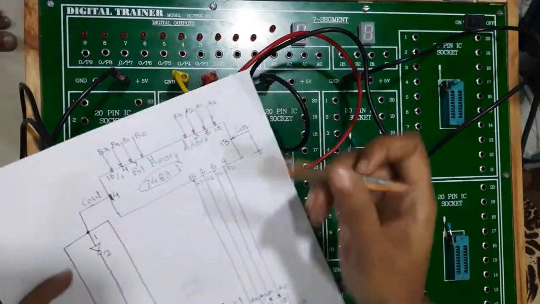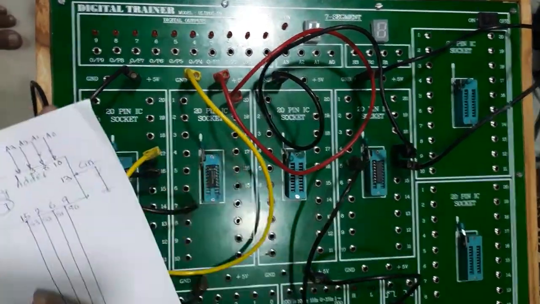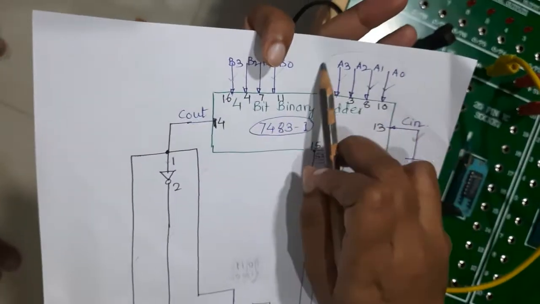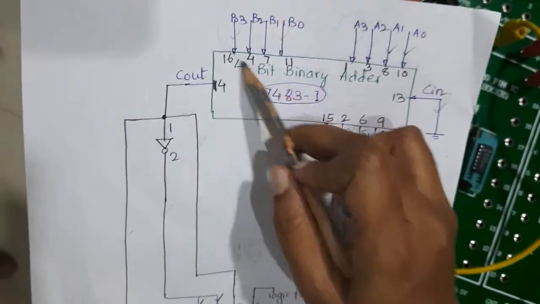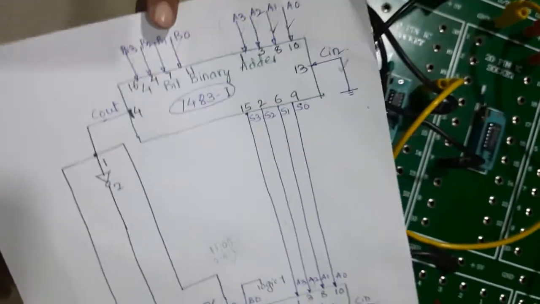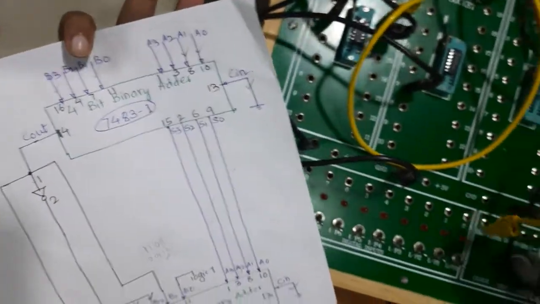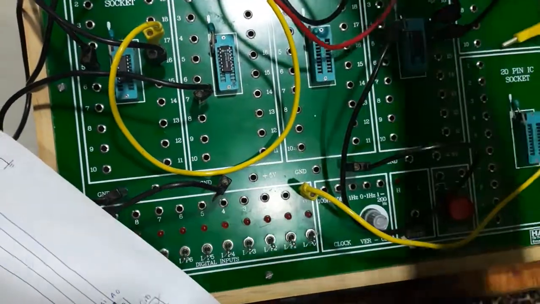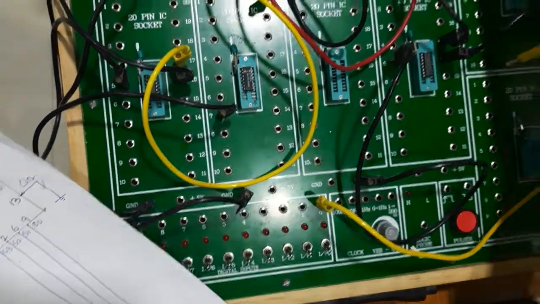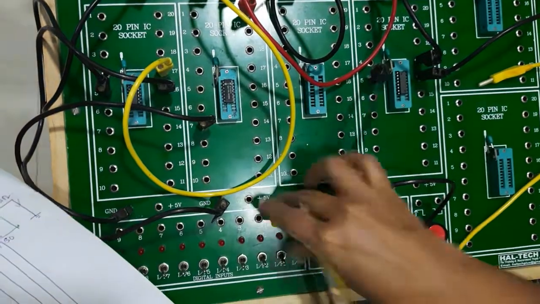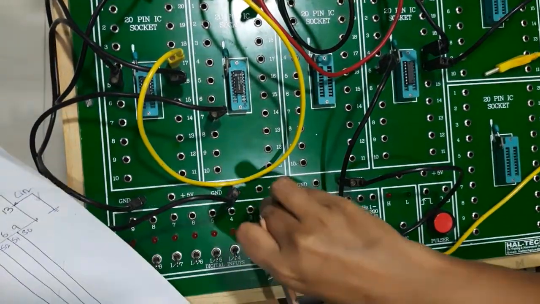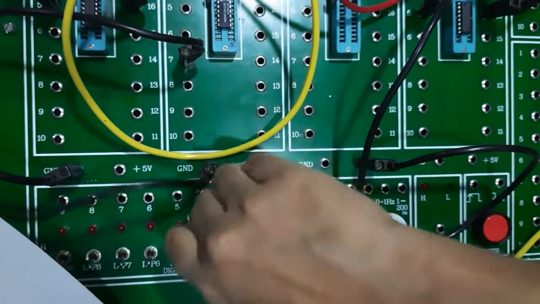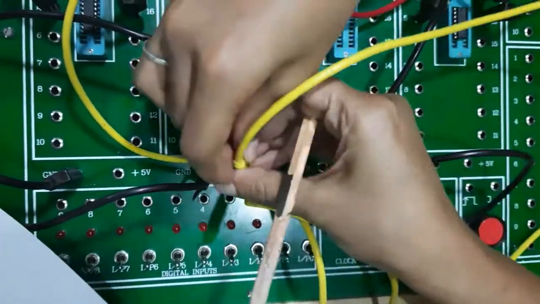After that, the next connection is the input connection. So the first number and the second number, the 4 bits for input. So this is A0, A1, A2, A3.